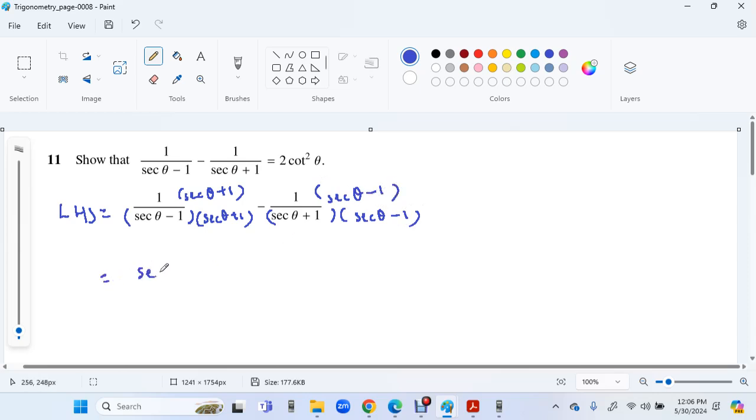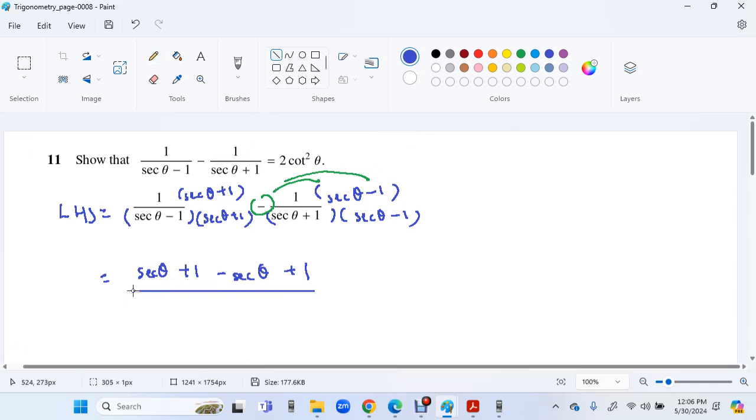So we have the secant theta plus 1 minus secant theta minus 1. So we have the negative here, we multiply. And this one is divided by the secant square theta minus 1. So we know that the tangent square plus 1 is the secant square.